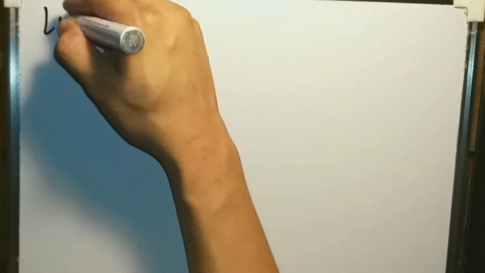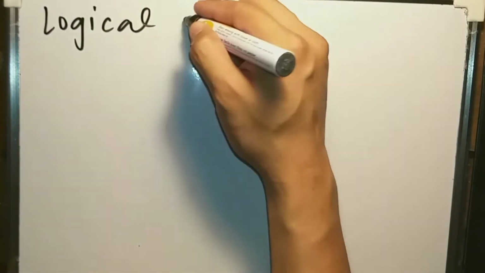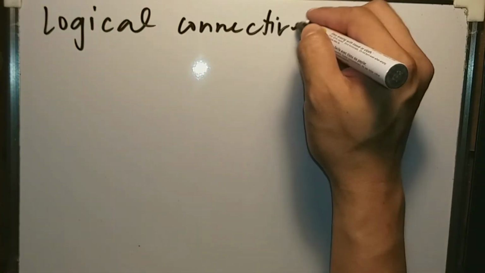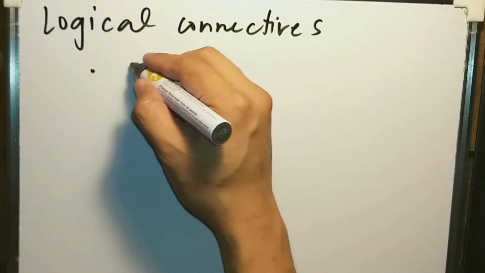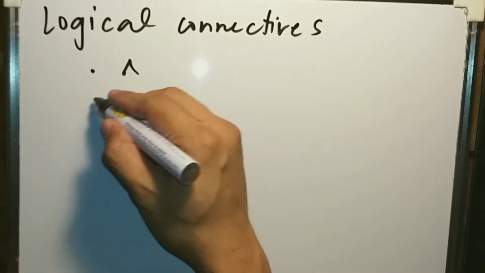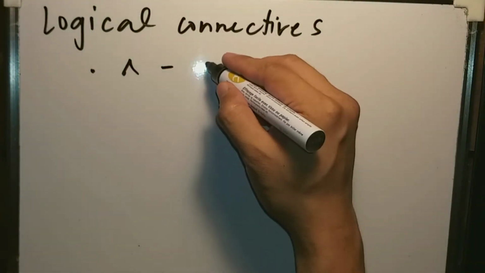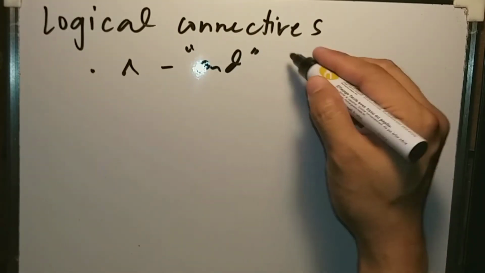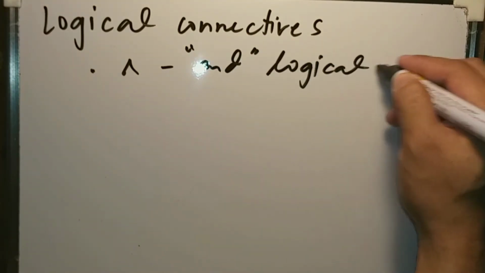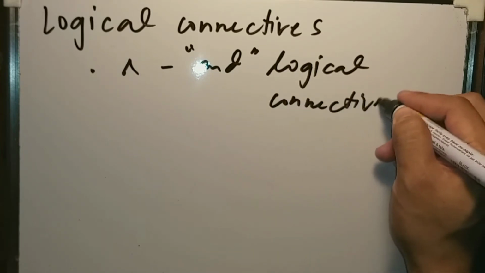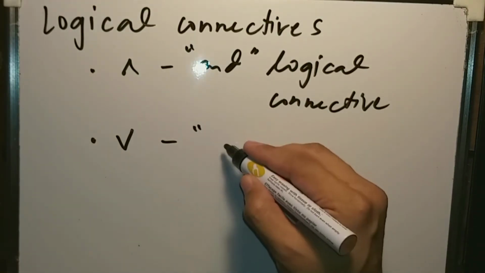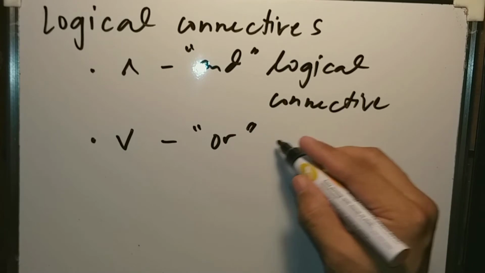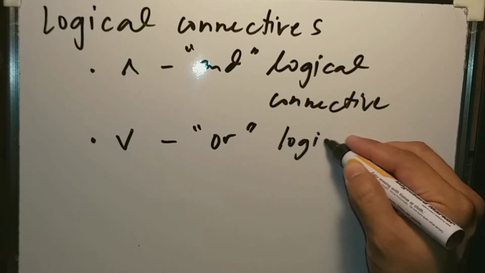Now, in propositions, we have some logical connectives. So these are the following. We have this symbol, we call it the AND logical connective. We have this symbol, we call it the OR logical connective.